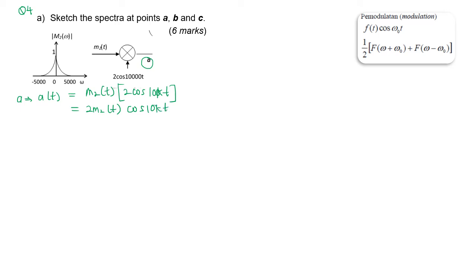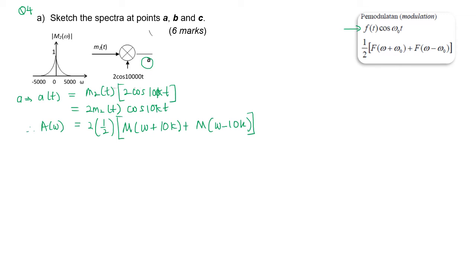If you refer to the Fourier transform table, a function multiplied with cos function, so your A(omega) equal to 2 multiplied with 1 over 2. So in this case, we have M(omega plus 10k) plus M(omega minus 10k), where omega naught is 10,000. So this is your A(omega).